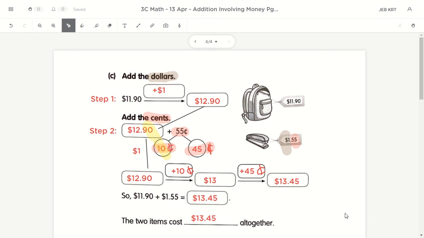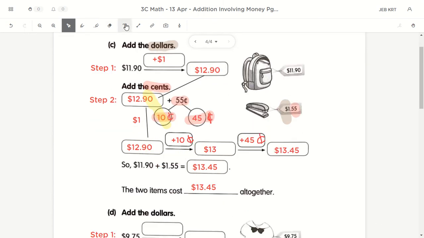Alright, something I noticed is that there's a few of you who wrote the answer like this. Let me highlight this. This is actually wrong.